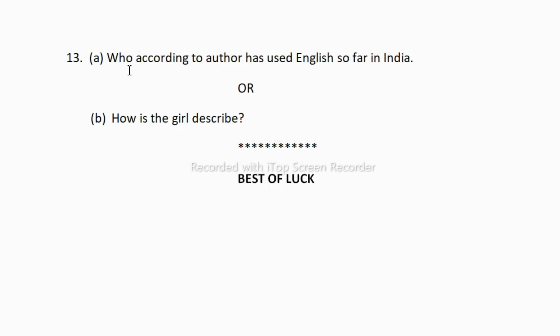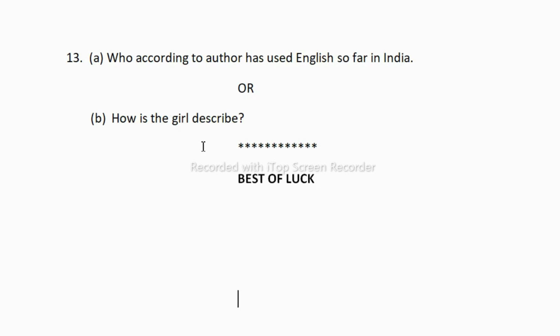Here the A1 is, who according to the author has used English so far in India. This question is from unit 2, which is from Toasted English. You have to use the same format. First you have to give the author introduction, then poem or prose intro, then summary, then last you have to write the conclusion. Now here, how is the girl described?